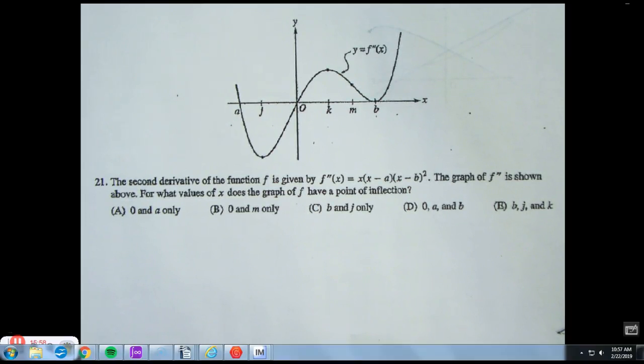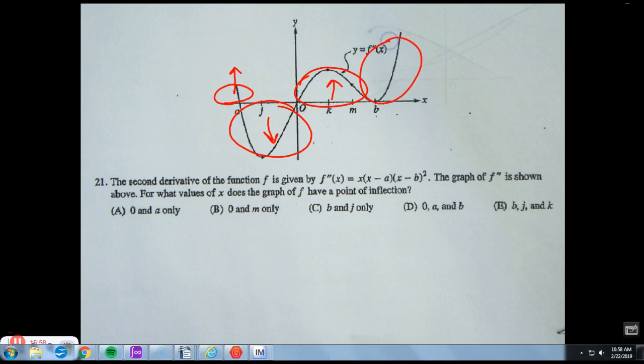If the second derivative is positive, what's true about the original graph? Concave up. So if we're above the axis, the original graph is concave up. If we're below the axis, concave down. So the original graph is concave up here, down, up, and up again.